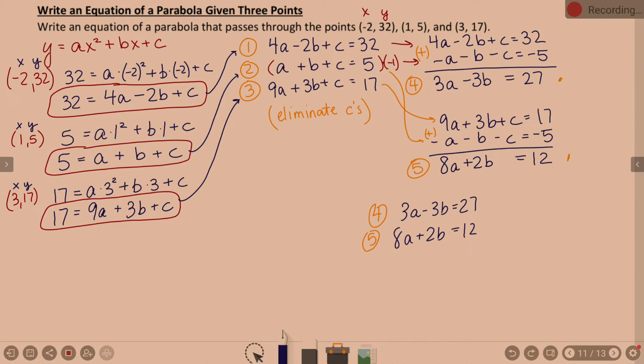What happens if I divide that top equation by 3? You get a minus b equals 9. But the key is that I have a negative 1b, yes? What can I divide the bottom equation by? Everything divides by 2. So then we'd have 4a plus b equals 6.